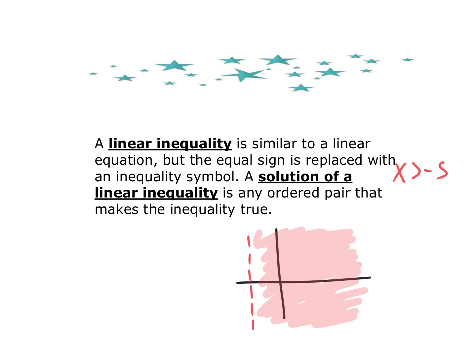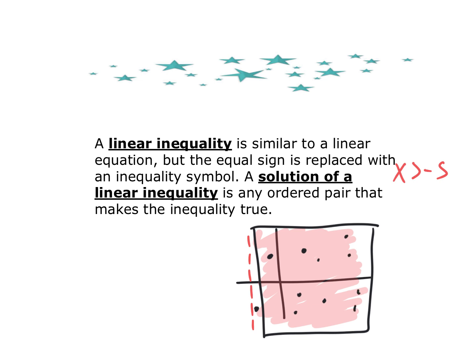And the solution to the linear inequality is any ordered pair that makes the inequality true. So what does that mean? All of this shaded in red right here, all of those are solutions. So this dot right here is a solution, this dot is a solution, this one is a solution. All of these are solutions, as long as the x is bigger.